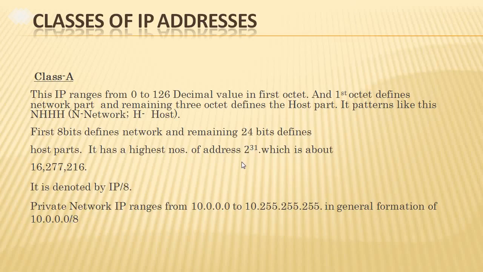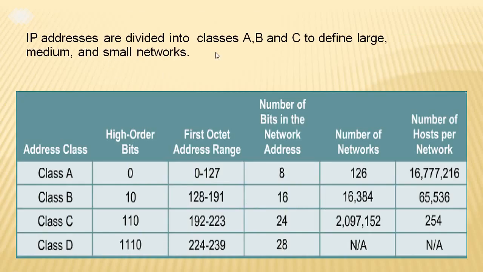That is all about Class A. Here are some IP addresses divided on the basis of A, B and C classes, which we can say are large, medium and small. Class A has higher-order bit 0, first octet range 0 to 127, 8 bits of network address, 126 networks, and number of hosts per network as given here.